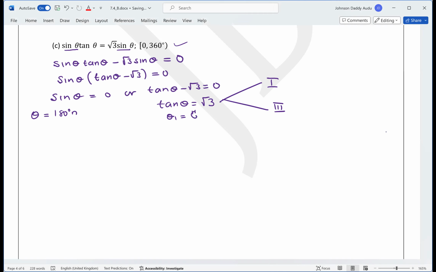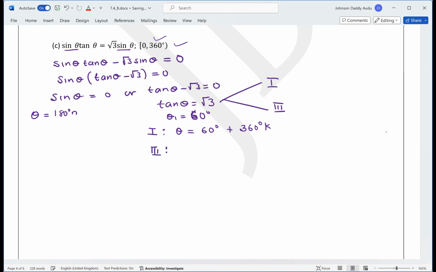So let's use it in degree. So 60 degree. But if we are in the first quadrant, yes, it means that our theta in standard form is also going to be 60 degree. Then we can add 360 degree n, yes? Okay. Now we're using 360, not 2 pi, because our range or our restriction is in terms of degree. Then now we go to the third quadrant.